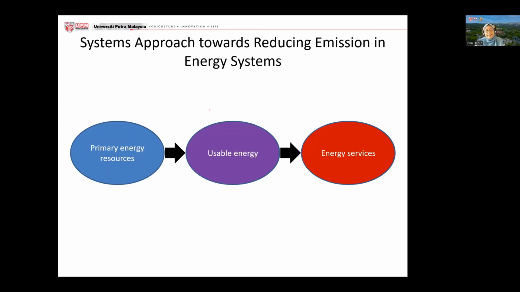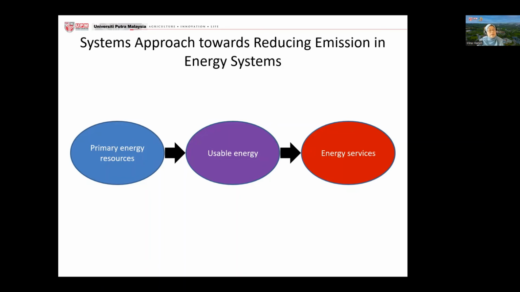First things first, we start with the primary energy resources. From this, some of it is transformed into usable energy, in terms of electricity. There is non-usable energy, something like heat. The waste heat of a process is considered non-usable energy because it is still a form of energy, but you do not utilize it.